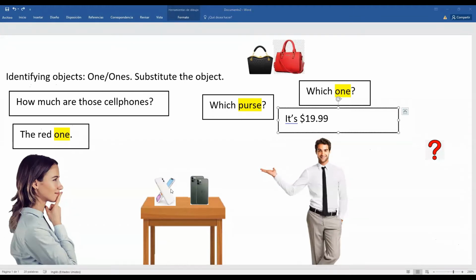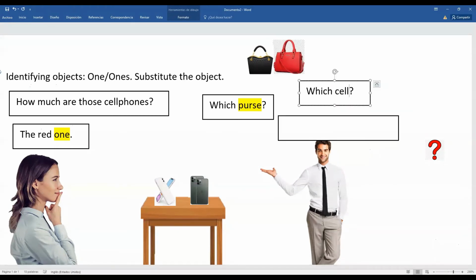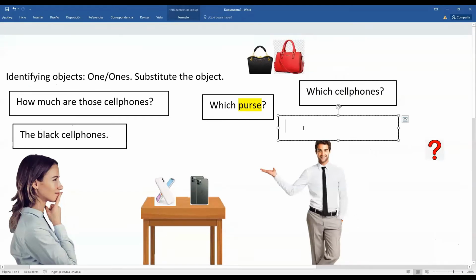There are 1, 2, 3, 4 cell phones on the table. So if you're confused, you can ask which cell phones, and then you need to specify, for example, the black cell phones. And then he answered the price. They're $2,500.